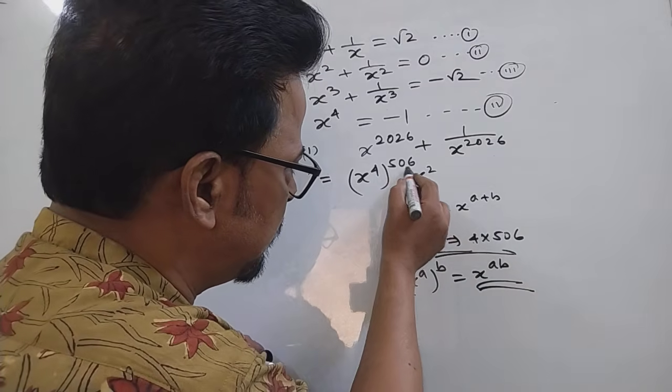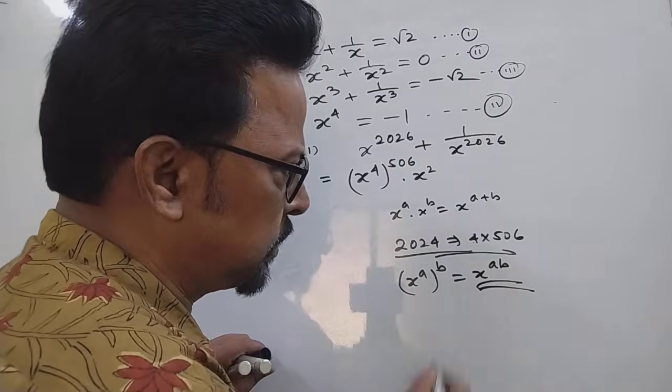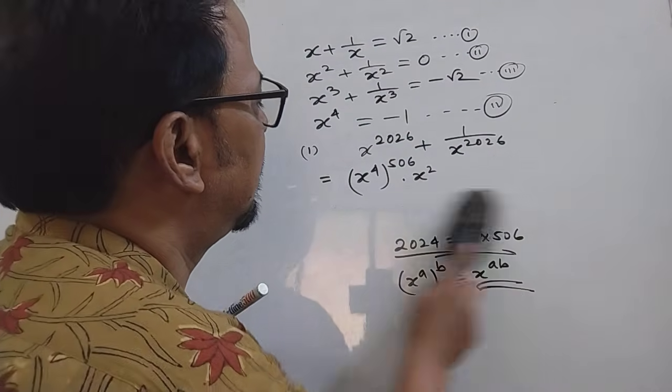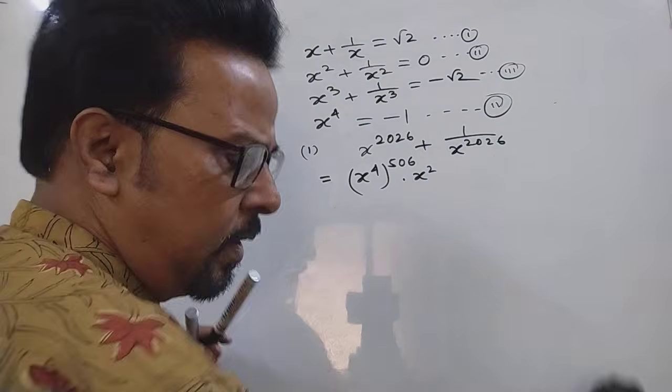Now this is 2024 plus 2, that is 2026. Clear? So we will use this formula.